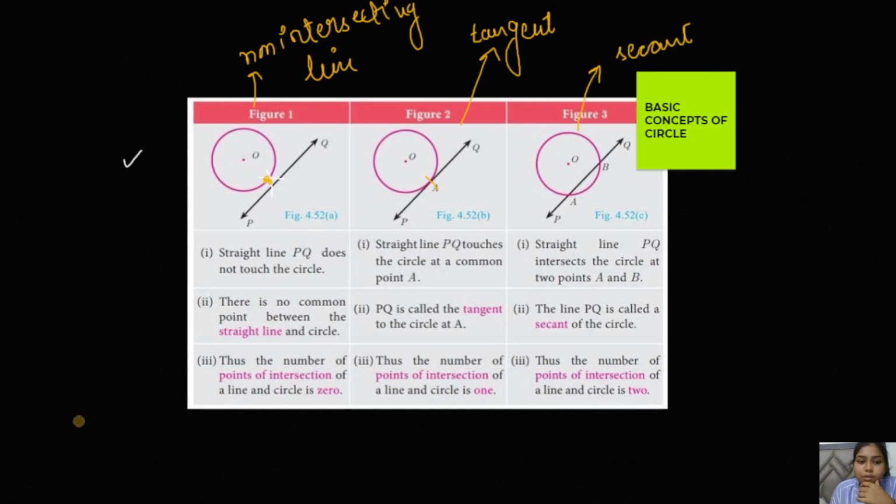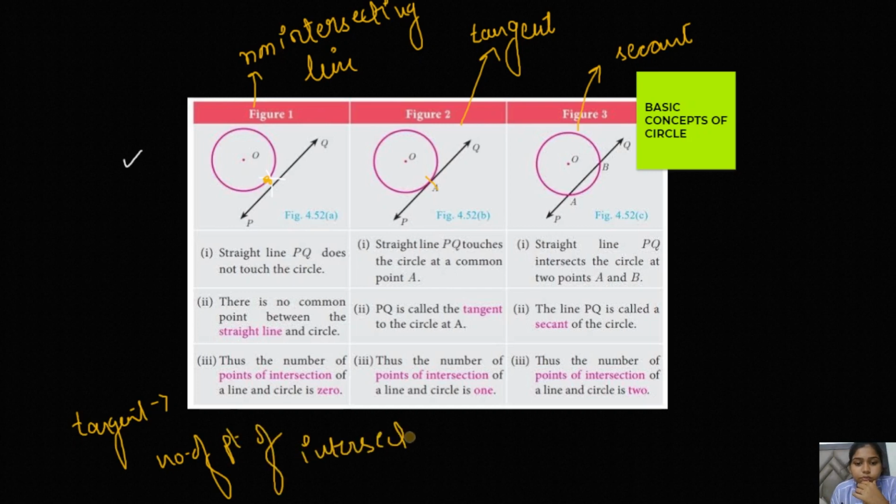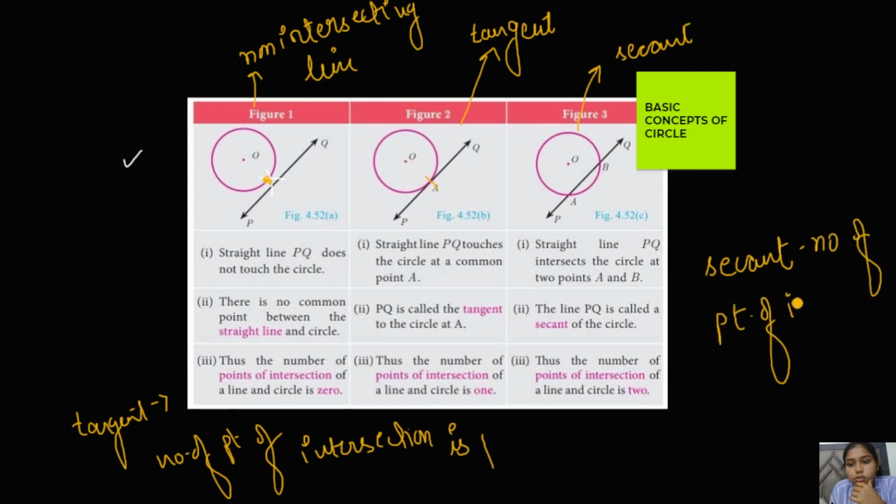So in case of a tangent, the number of points of intersection is 1, and in case of a secant, it is 2.